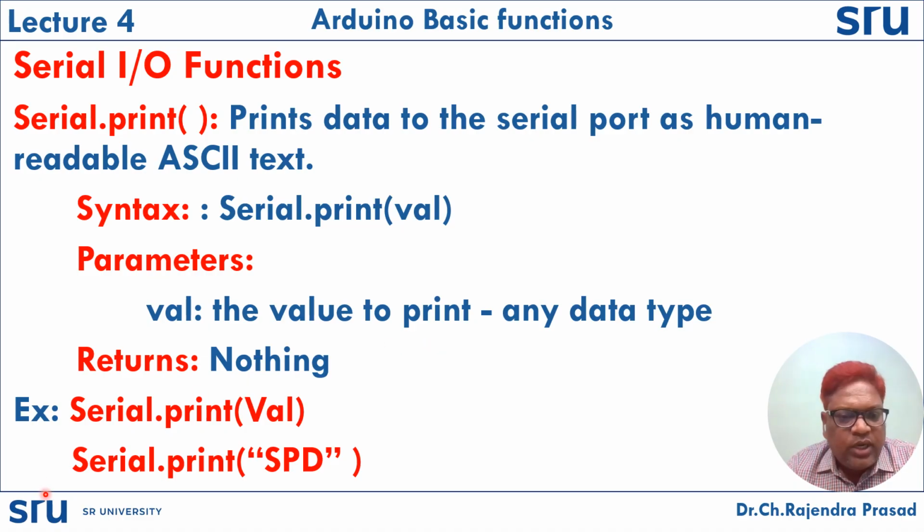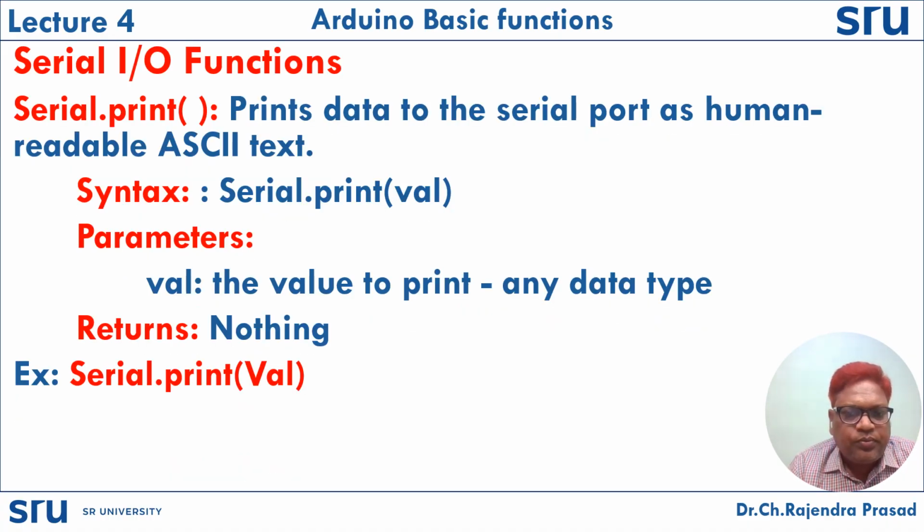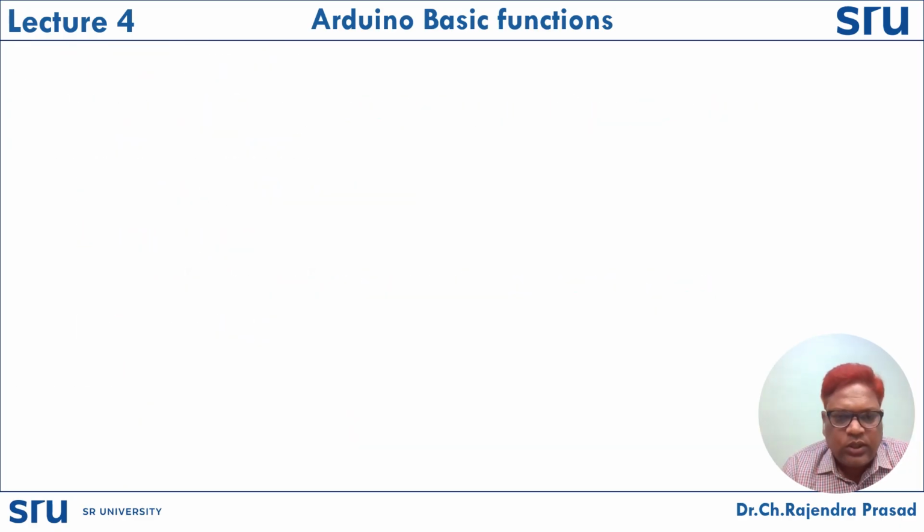And whenever you are using Serial.print within double quotes, SPD, in this case it will not be a variable, it is a string, so it will directly print SPD only. But in the other case, whatever content is available in the val variable is printed. And you can also use ln as a suffix in order to print on the next line. This ln is normally used to print the next line.